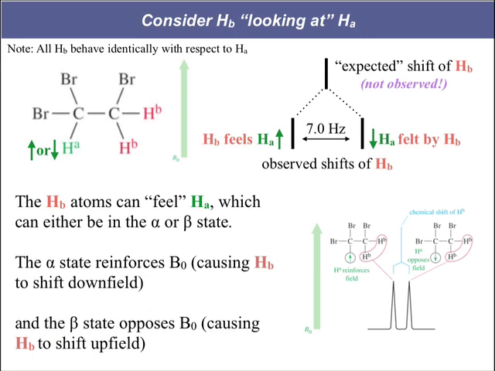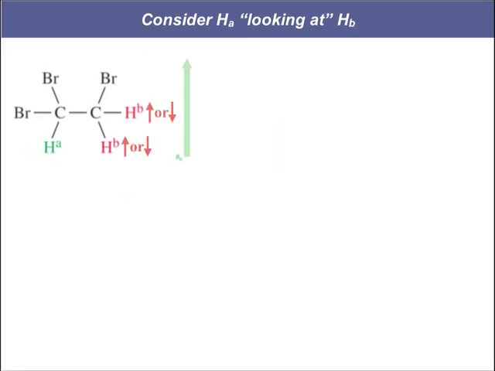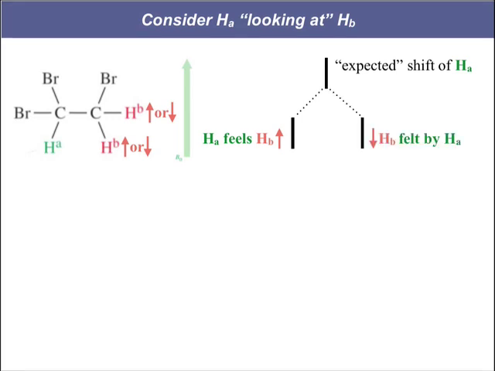Now, let's figure out where we're getting this triplet from. Let's imagine A feels B, or A looking at B. Here's A's expected shift. Let's say some arbitrary point. A can feel its neighbor B up, or it can feel its neighbor B down.